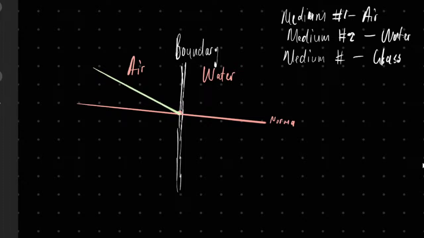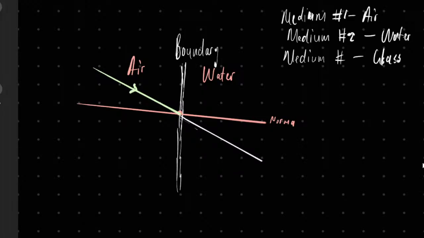All right. So now this is your wave coming in. Remember, this is the normal path if it continues straight, exactly the same way it came. But now either it will bend towards the normal or it will bend away from the normal.